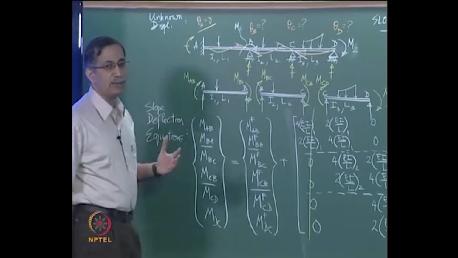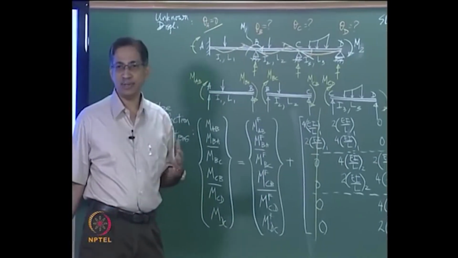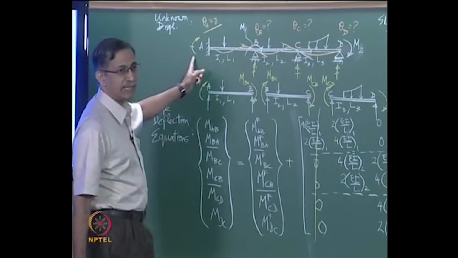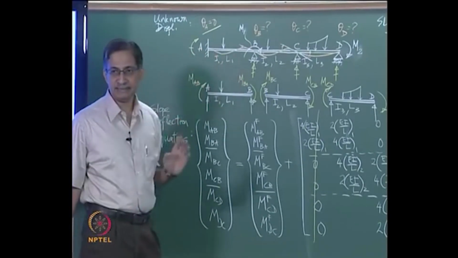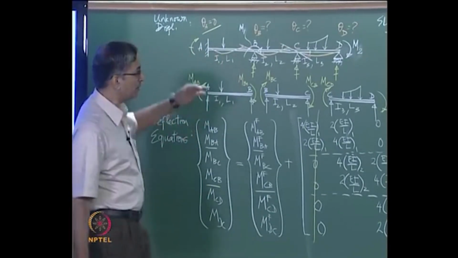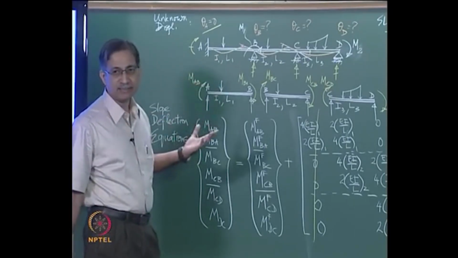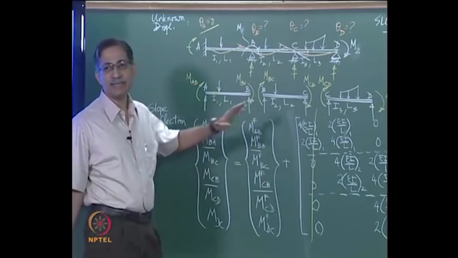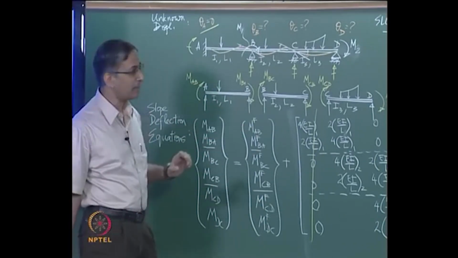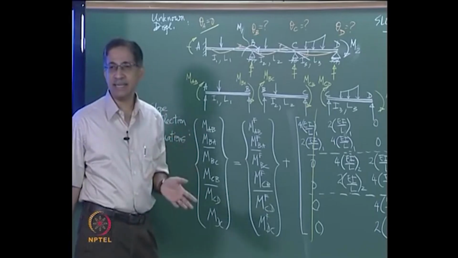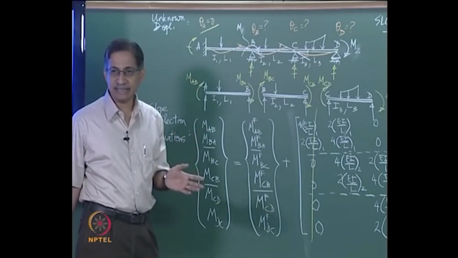We need to worry only about displacements at the joints. There are 4 joints in this example, A, B, C and D. None of those supports translate in this example. So there are no chord rotations, I am making it simple. So we have 4 rotations at the 4 joints, theta A, theta B, theta C and theta D.